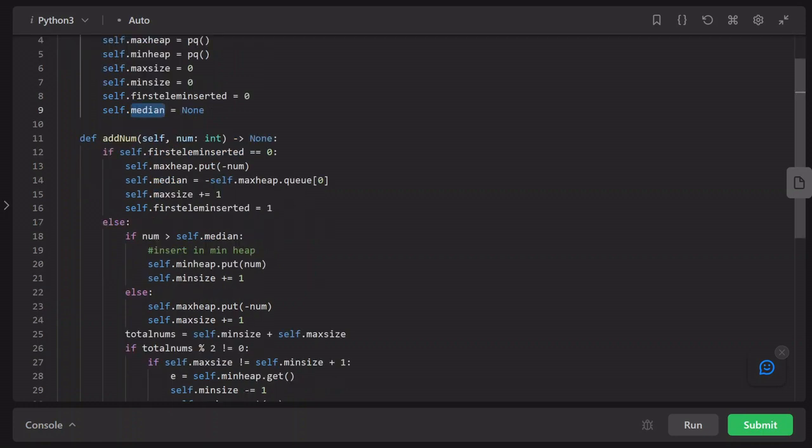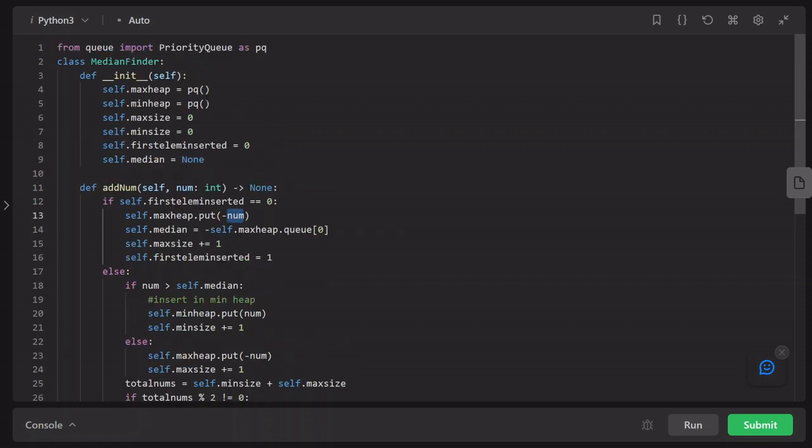When a number is inserted, it first of all sees whether or not this is the first insertion to the data set. If it is the first insertion, then this remains equal to 0. We put the number into the max heap. Both our heaps are basically min heaps, but in order to consider a heap as a max heap, we insert the negative of the number into it, and when we take the number out of the max heap, we take the negative of it.